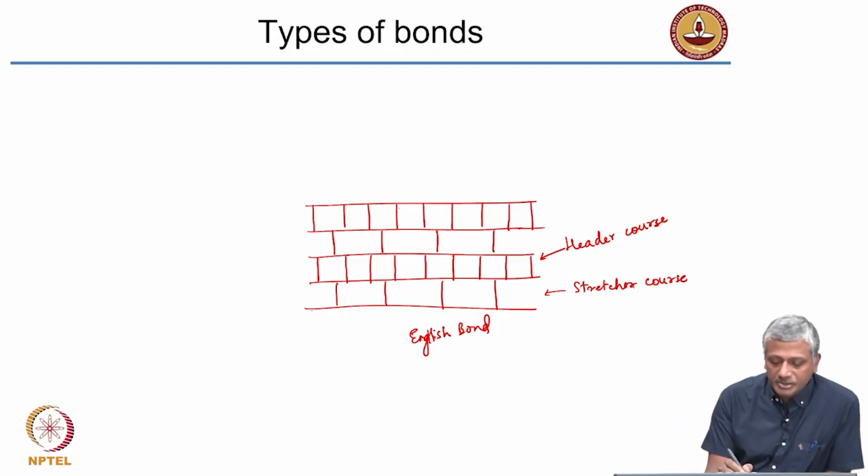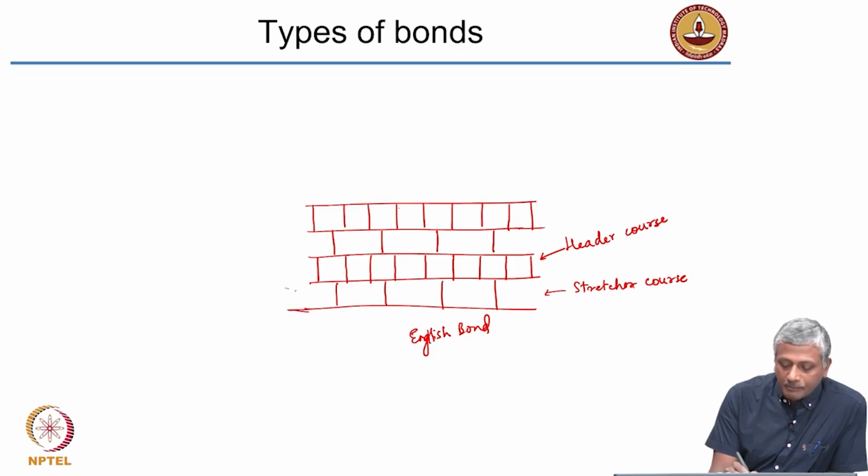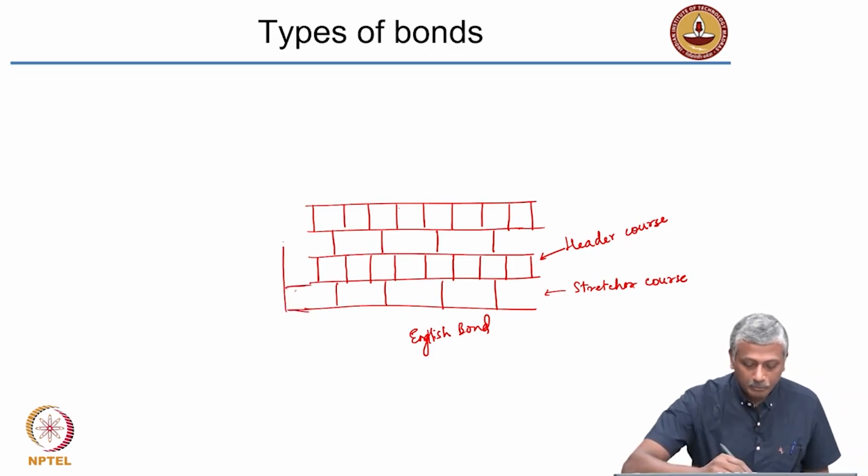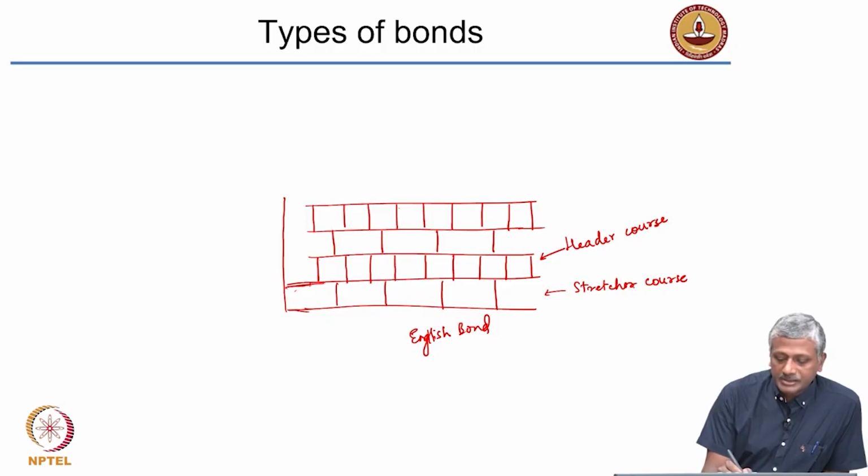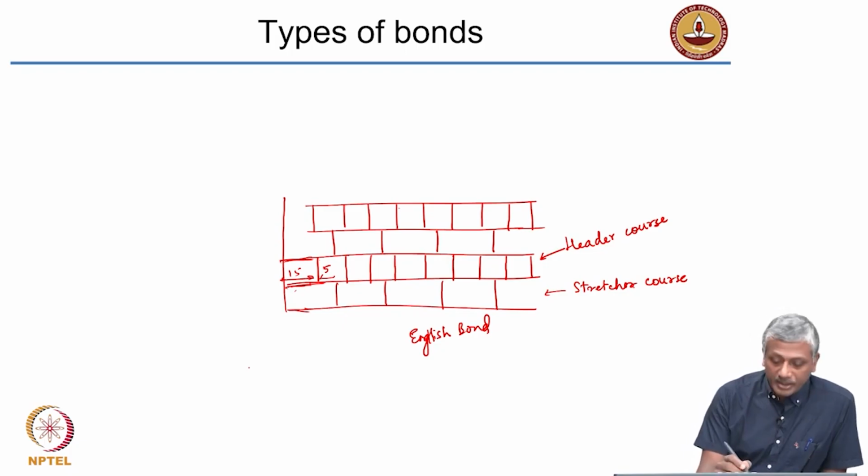Now what if I want to finish this wall here? Let's say I want to finish this wall here. With this last stretcher I am finishing this wall. Now you have an overlap of 5 centimeters here, that means only 15 is remaining here, right? You only have 15 remaining here. So how do I arrange that 15?